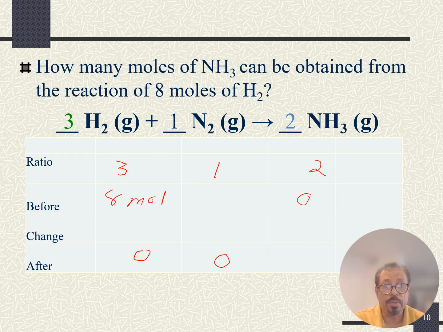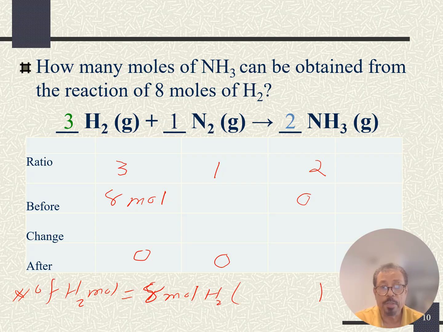Because when you use the conversion factor, look here, the number of H2 moles is given to me: 8 moles of hydrogen. Then I need to use the coefficients. The coefficient of hydrogen is 3, and the coefficient of nitrogen is 1.